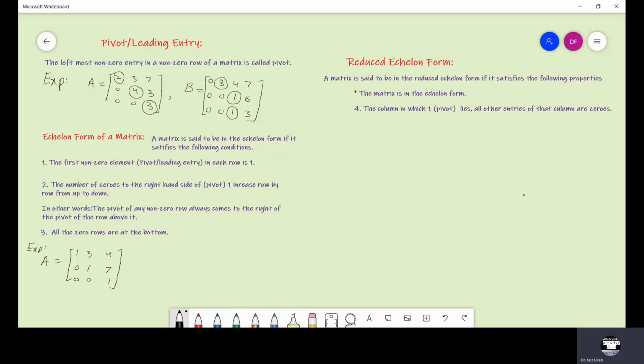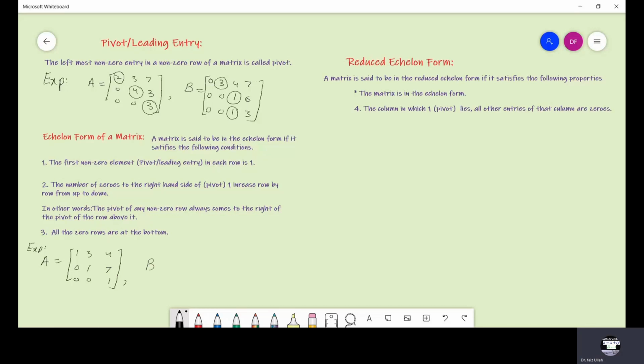Number of zeros to the left hand side of 1 increases row by row from up to down. In the first row to the left hand side of 1 there is no 0. In the second row to the left hand side of 1 there is 1 zero. In the third row at the left hand side of 1 there are 2 zeros. So number of zeros to the left hand side of 1 increases row by row from up to down. Let us see another example.